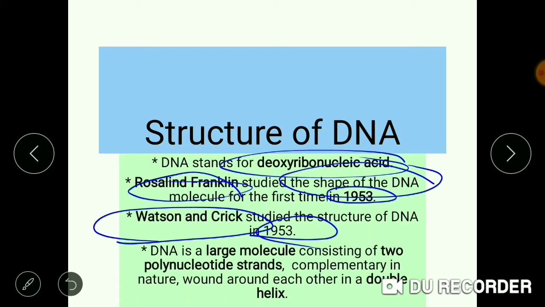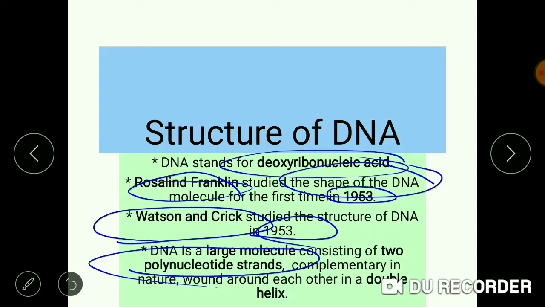So DNA is a large molecule consisting of two polynucleotide strands which are complementary in nature, and they wound around each other in a double helix. This term polynucleotide is something we'll be studying now.